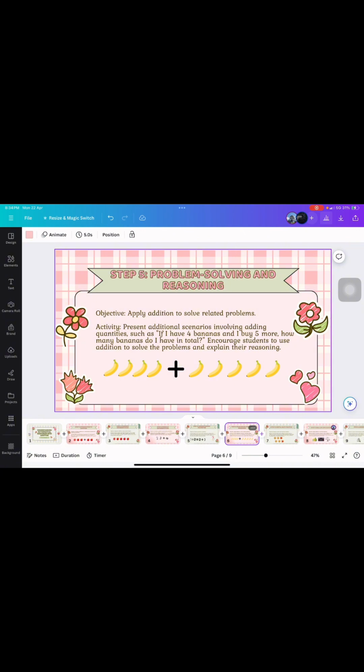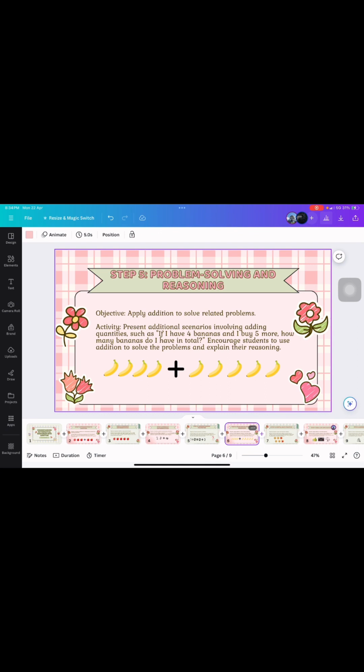Encourage students to justify their answers and discuss any misconceptions that arise. Reinforce the idea that addition involves combining or bringing together quantities to find the total.